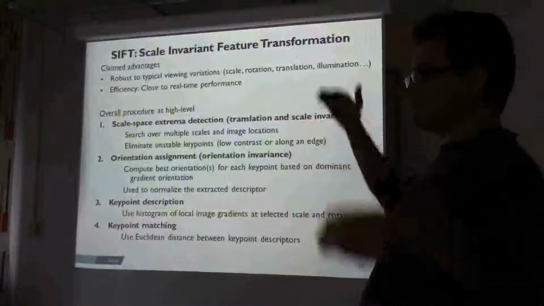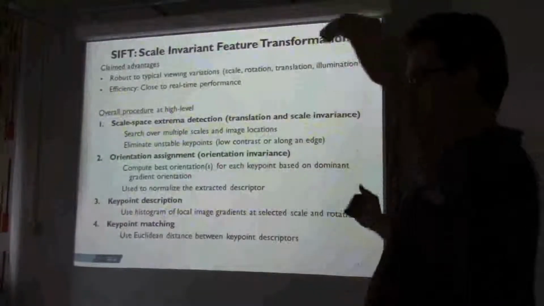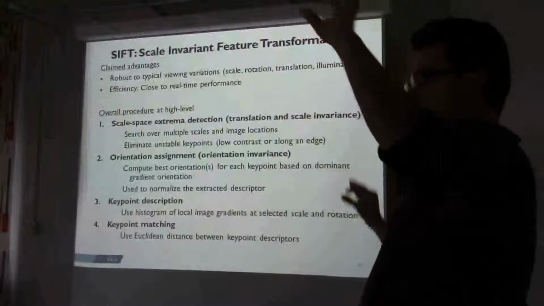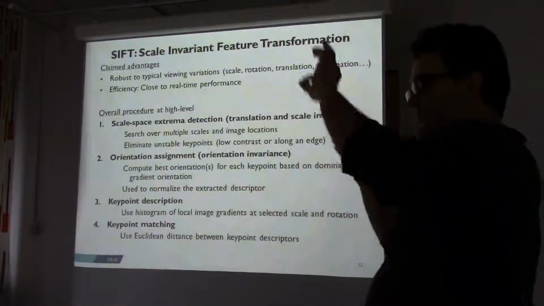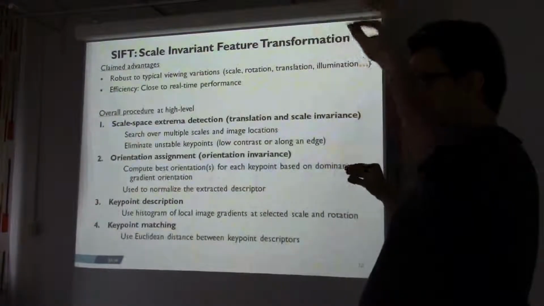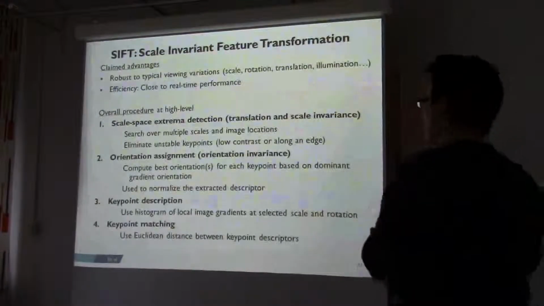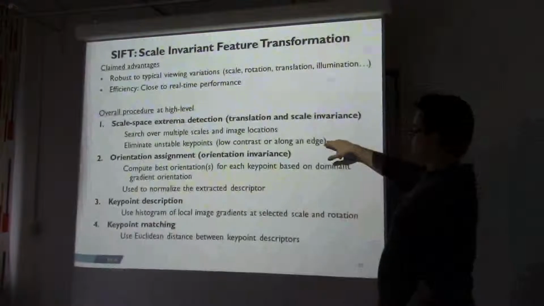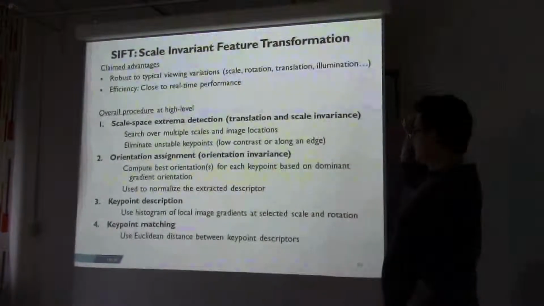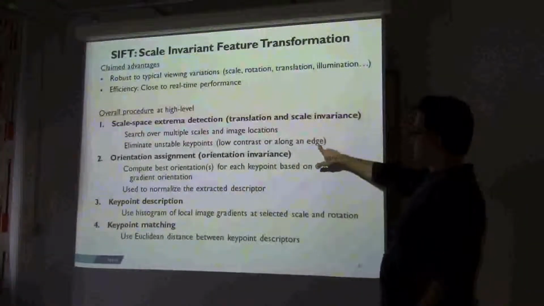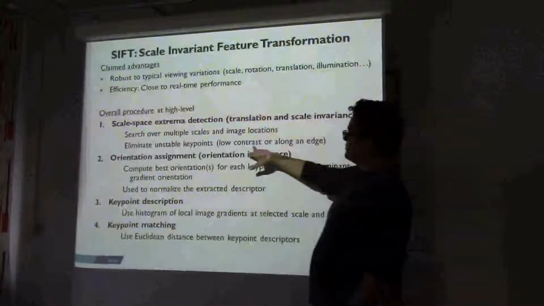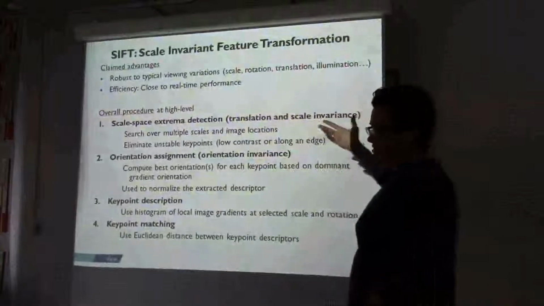Since you extract points at different scales in both images, hopefully you will get the same point at one scale in one image and the same point at the same scale in the other. You get the idea? Then you eliminate unstable keypoints: points that are along an edge, which we have seen before, and points with low contrast, because they are sensitive to noise.